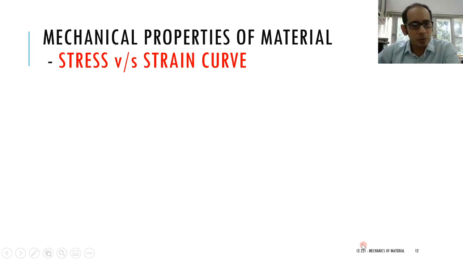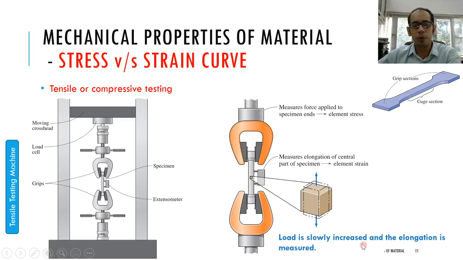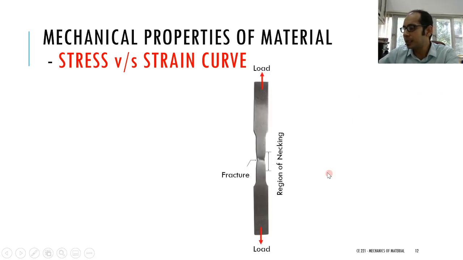You take this coupon, where you have the grip sections and the gauge section, and keep increasing the load. After a certain point you reach fracture; you cannot keep it extending indefinitely.